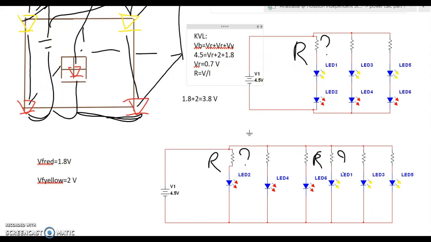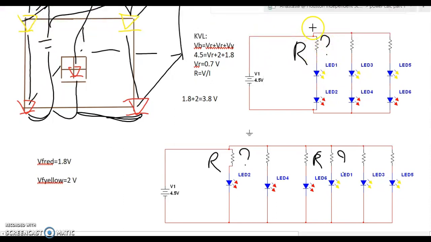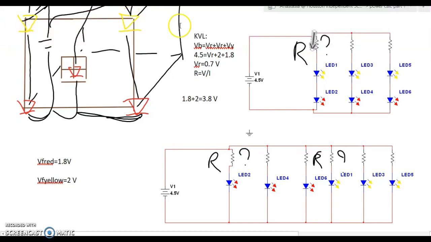For example, I want in this branch for my current to be 10 milliamps. Can I do that? Oh, absolutely. Not a big deal, guys.